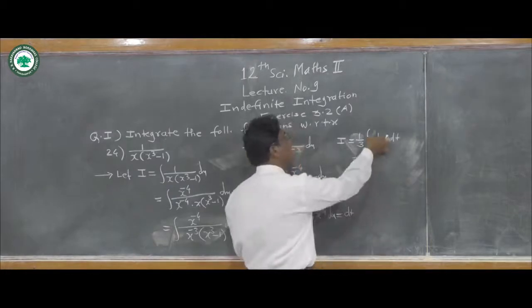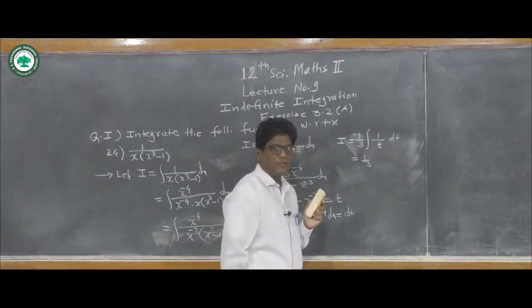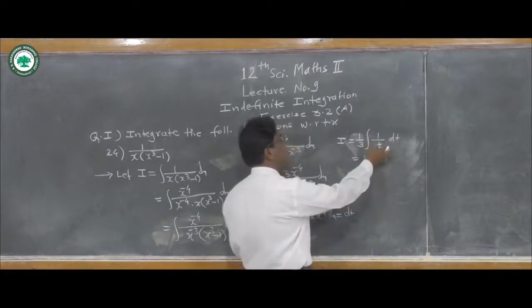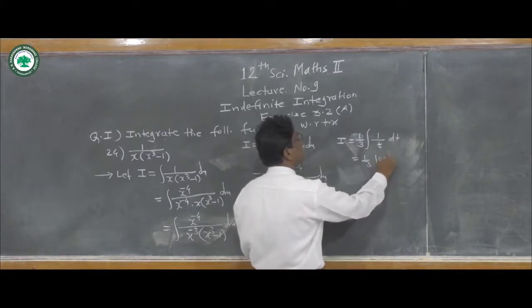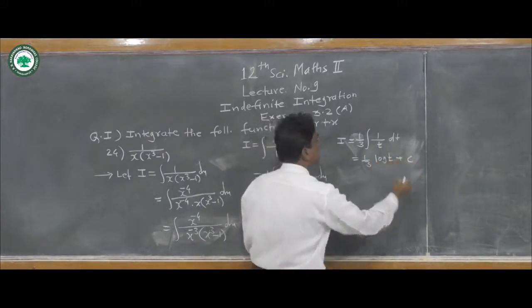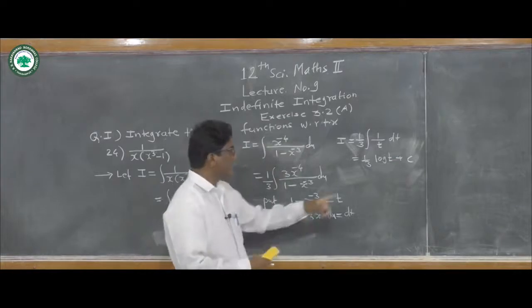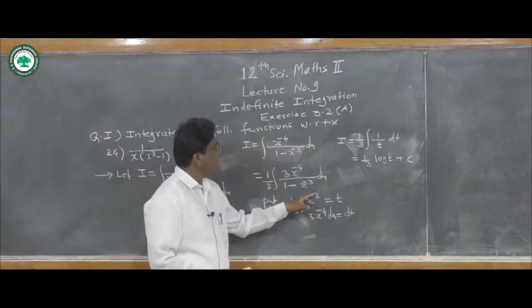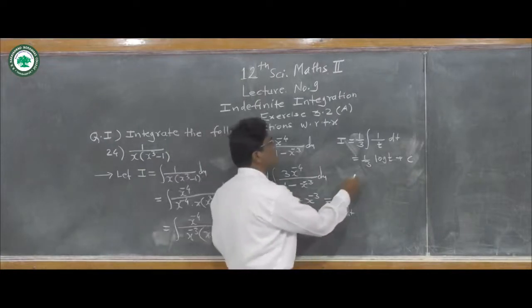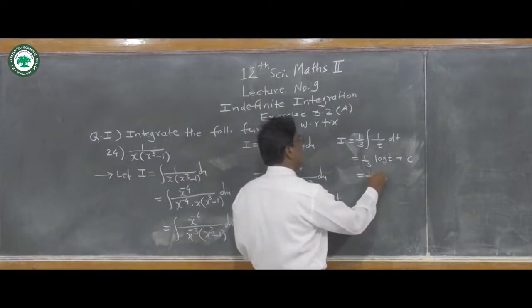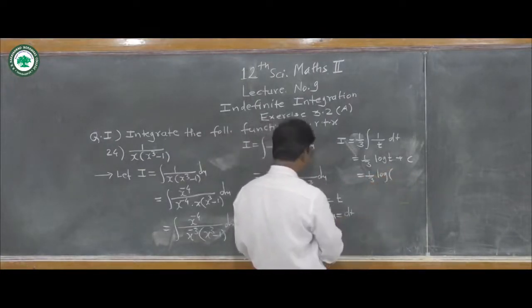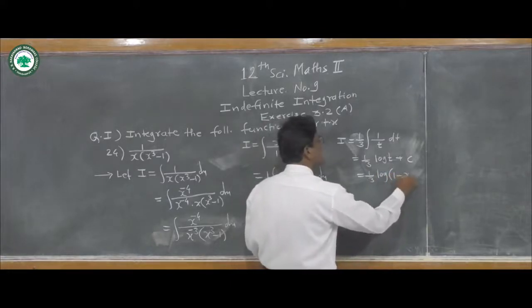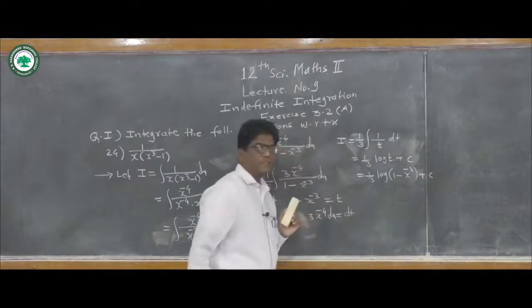We know 1 upon t is the derivative of log of t, and therefore integration of 1 upon t is log of t plus constant of integration. And now again put the value of t. What is t here? 1 minus x to the power minus 3. So it is equal to 1 upon 3 log of t, we put 1 minus x to the power minus 3 plus constant of integration.